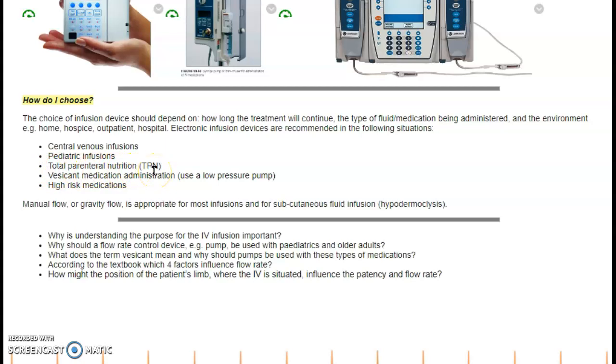That means that it is a medication that is highly irritating to the veins and tissues, and whether it's a high-risk medication. Manual or gravity flow is appropriate for most IV infusions and for subcutaneous fluid infusions such as hypodermoclysis.